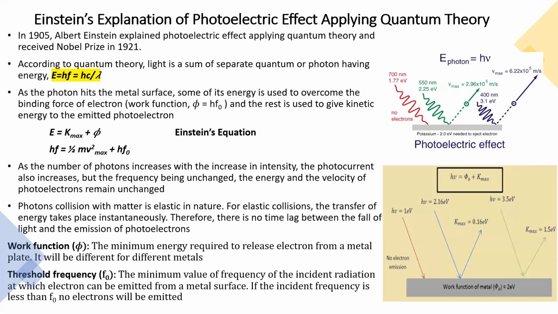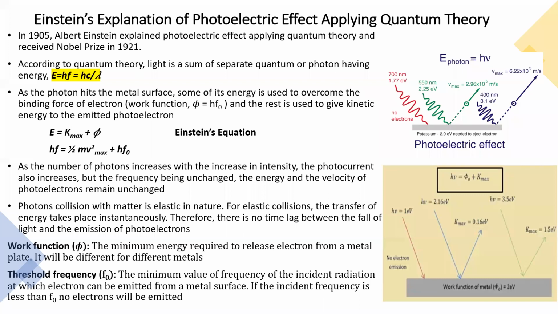Metals are made of atoms, and each atom has electrons, protons, and neutrons. The electrons revolve around the nucleus, which contains protons and neutrons. Each electron is bound by the attractive power of the nucleus, so some energy must be provided to the electron to overcome this binding force and come out.